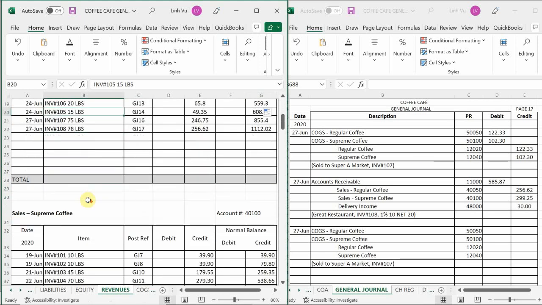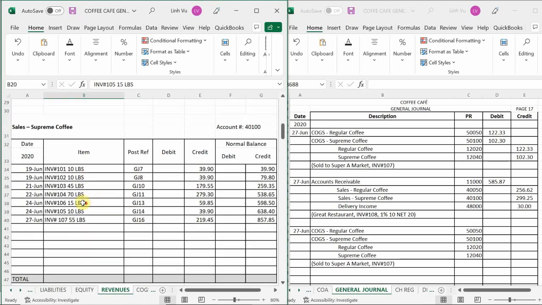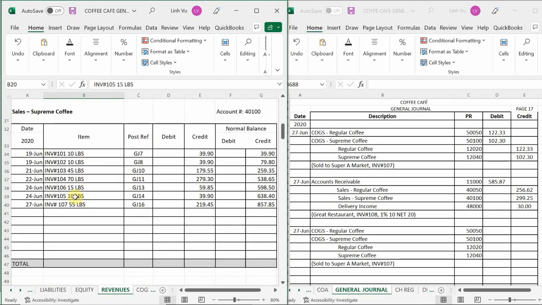And for the Supreme Coffee, it's on the 27th. Invoice 108, 75 pounds. It's page 17.